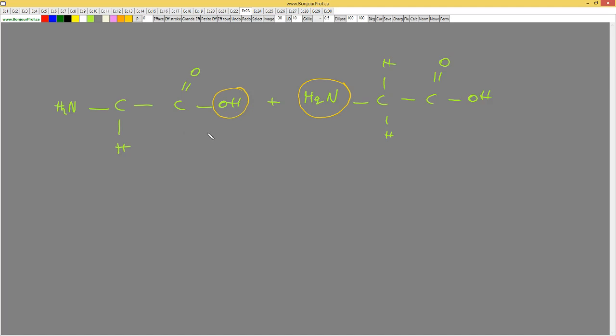Always there is water that will be ejected, that will be produced. So what will be here? This OH will go, but this H2O, it will not go altogether. It will only expel water. I'm going to take this one here.